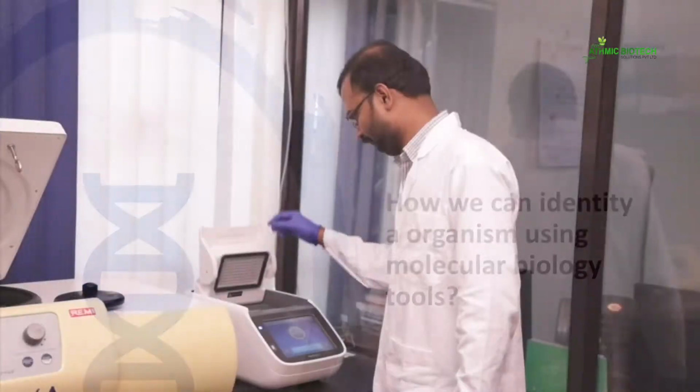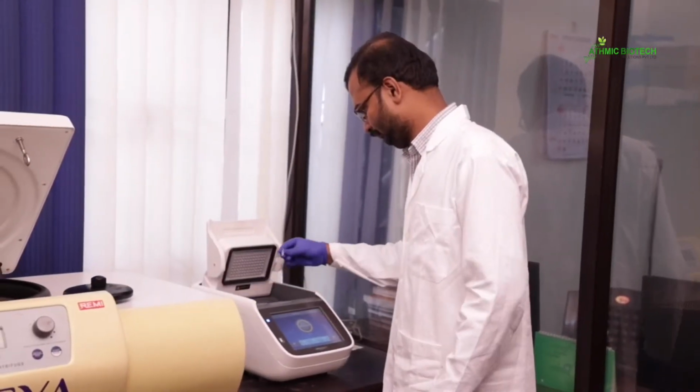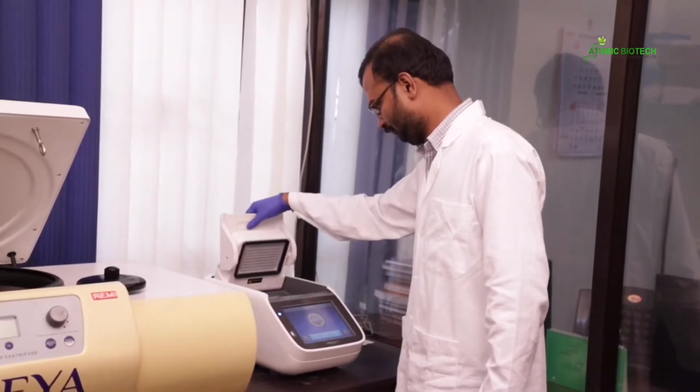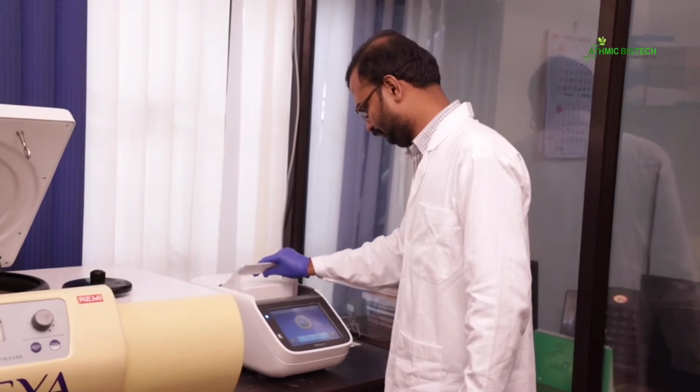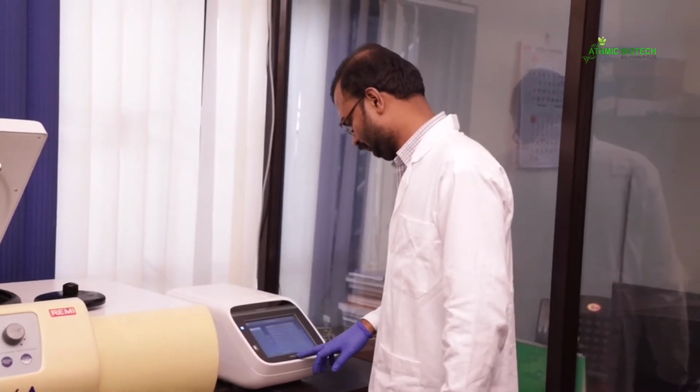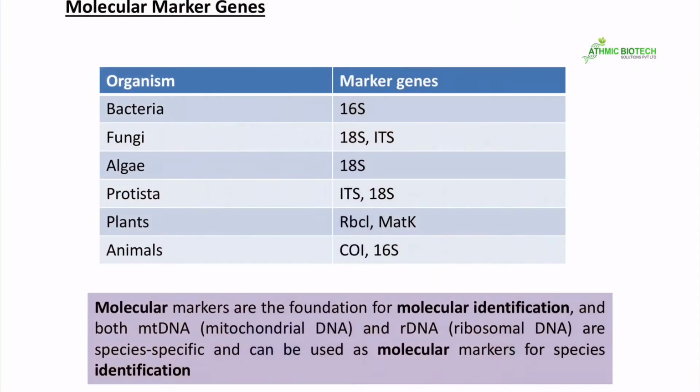For this purpose, we have to amplify the molecular marker genes from the test organism and sequence them using Sanger sequencing. For example, in bacteria, the molecular marker gene is the 16S rRNA gene.